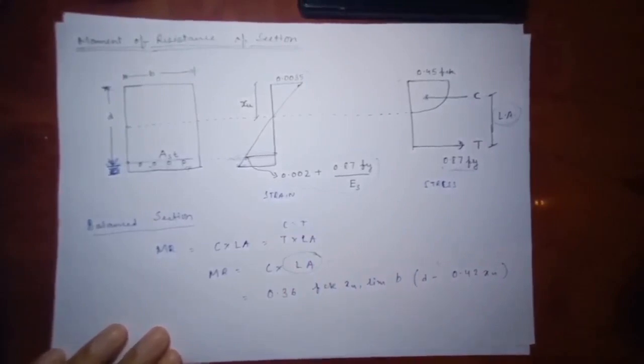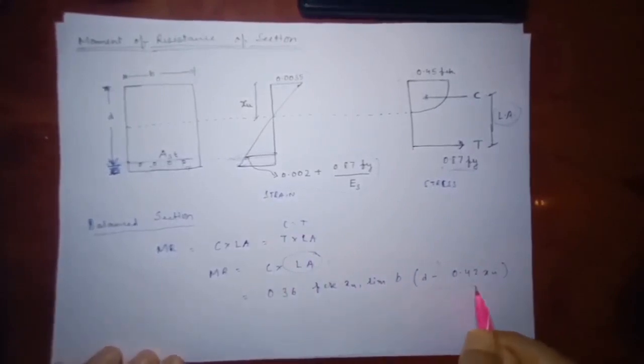My lever arm will be represented by this D minus 0.42 XU.